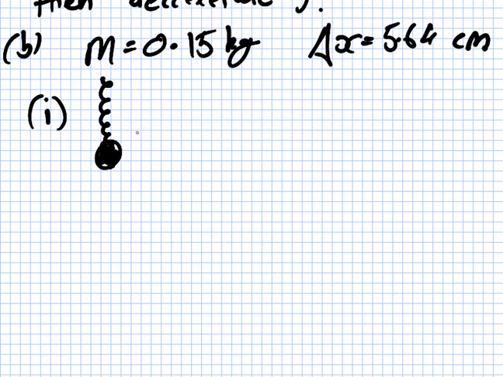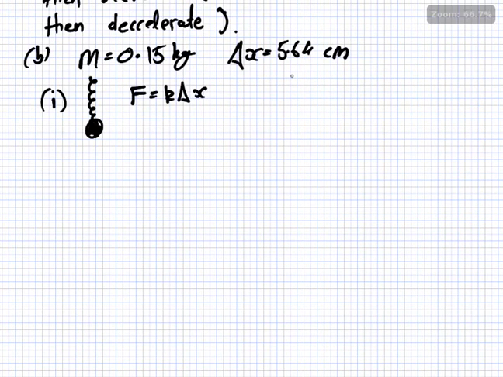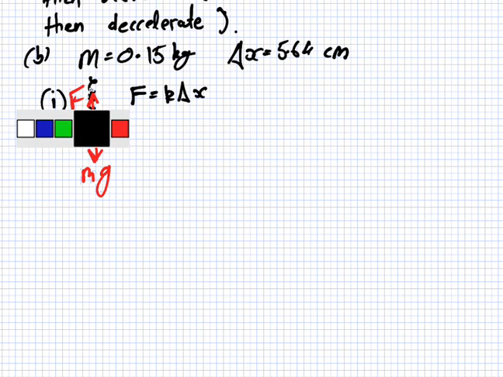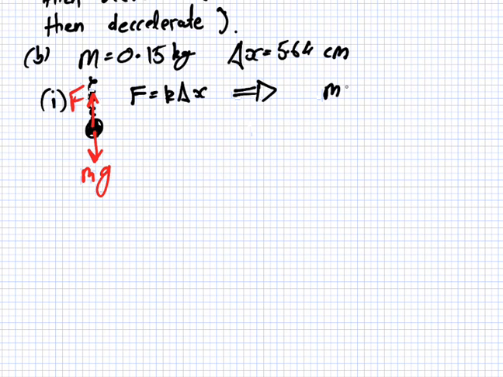We use Kx. You can say F equals Kx. Now what's the F here? It's mg. So you get mg equals K delta X. So that means K equals mg over delta X.